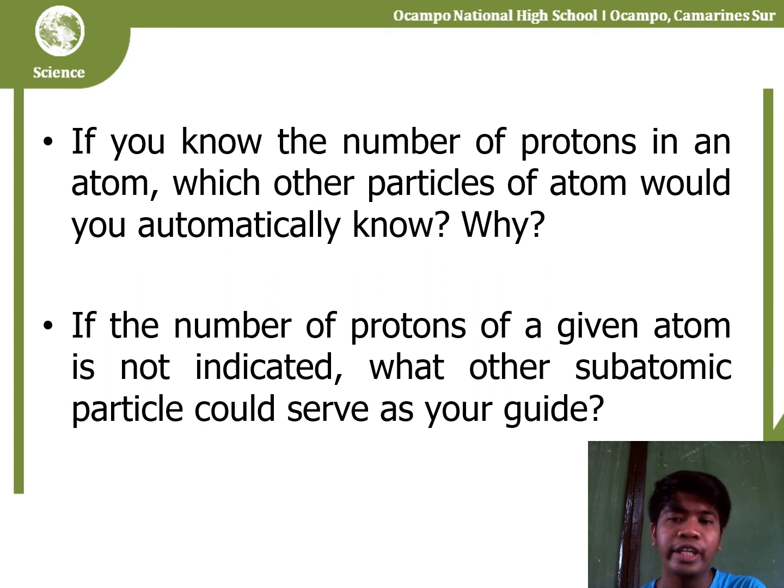Yung number of proton and electron sa isang neutral atom is the same. If the number of protons of a given atom is not indicated, what other subatomic particle could serve as your guide? Kung wala daw yung number of proton, anong subatomic particle ang pwedeng maging guide ninyo para malaman kung ilan yung number of proton? It is the number of electron. Okay? Kasi they are just equal.